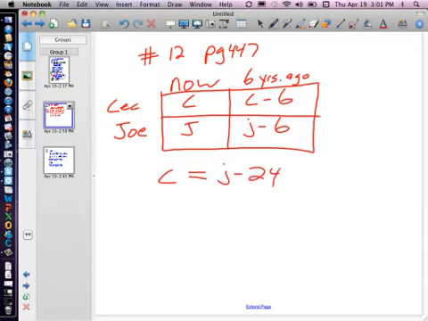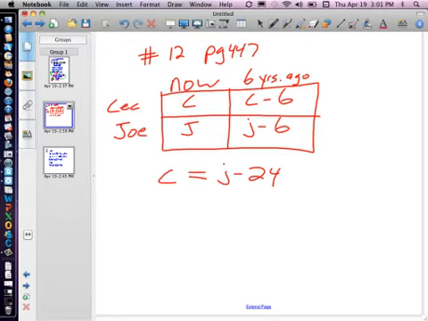So for instance, if Joe was 50, she would be 26. So she's 24 younger. You've got to make sure, when you're looking at these, who's older here? Well, Joe would have to be older. That makes sense.